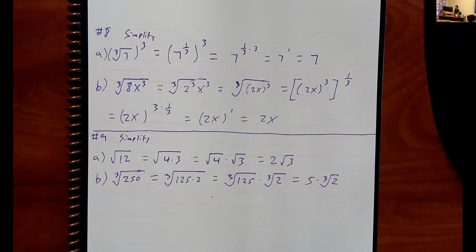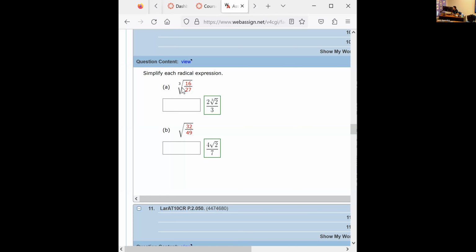Number 10, we've kind of already talked about that. Let's move on. They're just reducing fractions. We'll go over it real quick, but you see how it's a cube root, but it's a fraction, square root and fraction. So you're doing the reducing that I just did right now. But instead of having a single one, you got to separate these into 2 and then do what I just did.